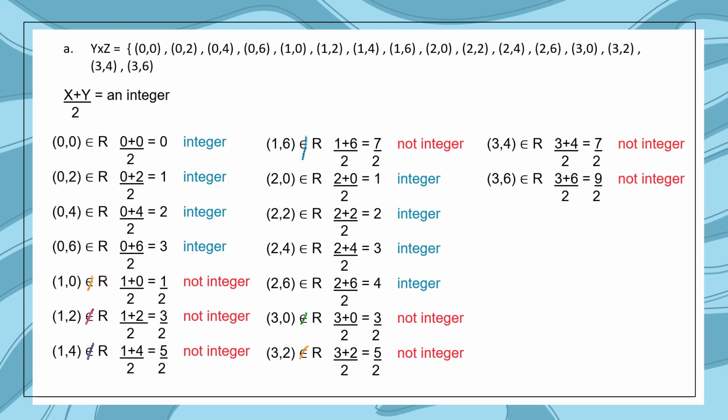(3,0) is not an element of R because 3 plus 0 over 2 is equal to 3 over 2 and 3 over 2 is not an integer.